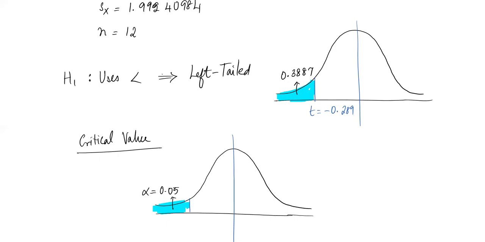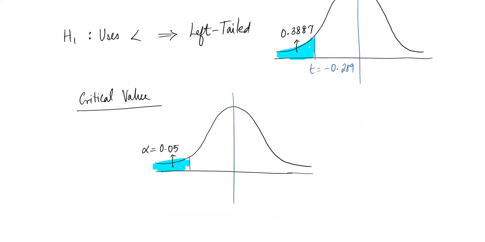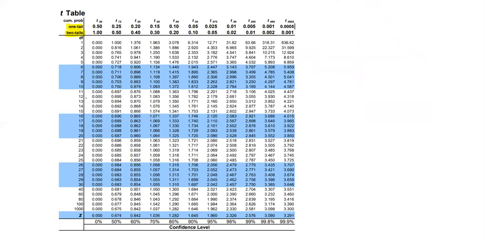So in p-value, you use t to find area. Here we use area to find t. For that you have to go to the table, and the degrees of freedom is 11, 12 minus 1, so 11. Then look for one-tailed test, and for one-tailed you have 0.05.